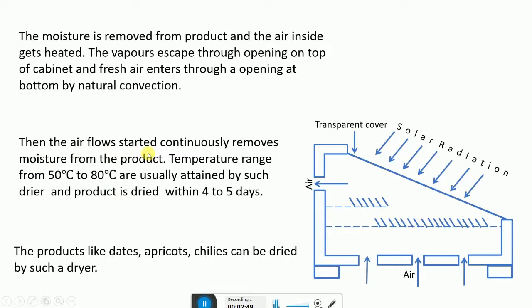Then air flows continuously and removes moisture from the product. Temperatures from 50 degrees Celsius to 80 degrees Celsius are usually attained by such a dryer, and the product is dried within 4 to 5 days. Products like dates, apricots and chilies can be dried by using such a dryer.